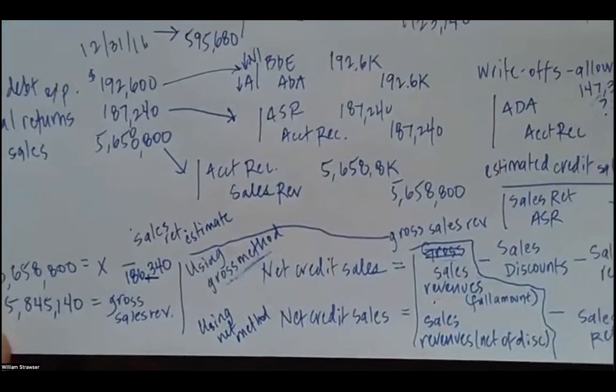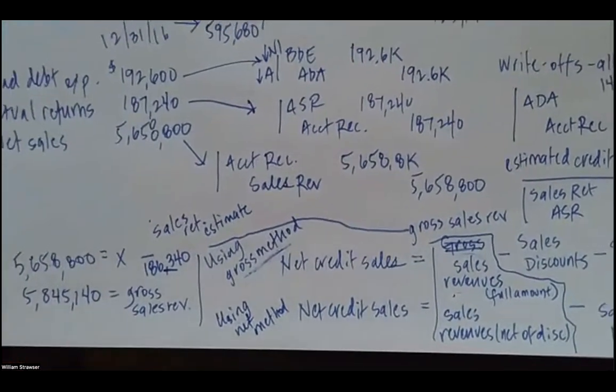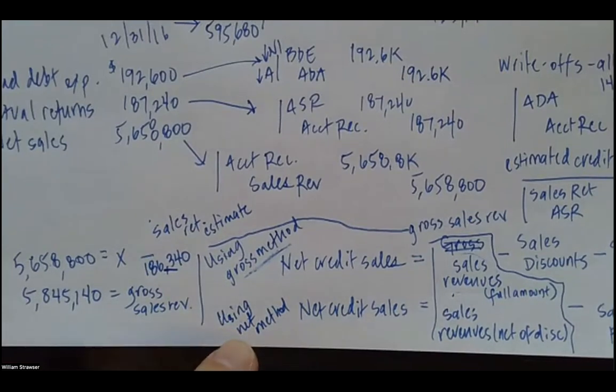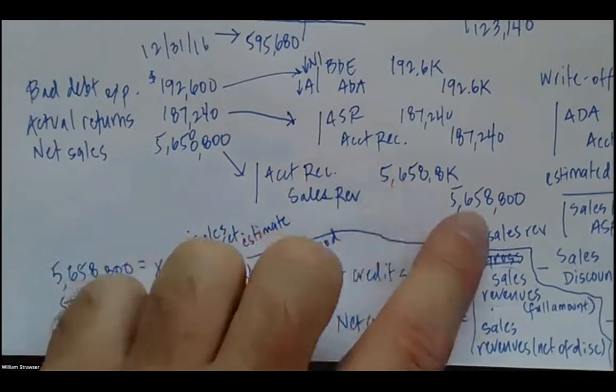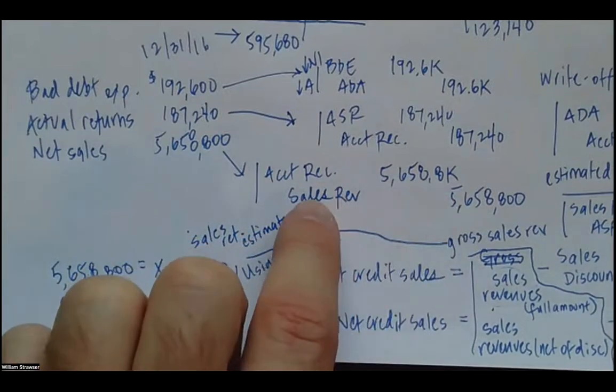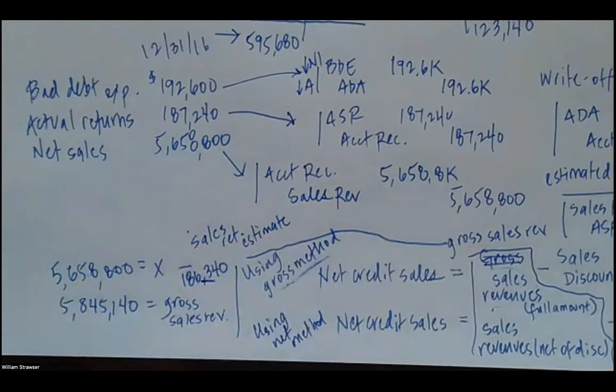And the unstated assumption in this problem, like I said, is that we're either using the net method, so this amount here is already net of sales discounts, which is exactly how I would record it as debit accounts receivable, credit sales revenue, or we do not offer cash discounts.